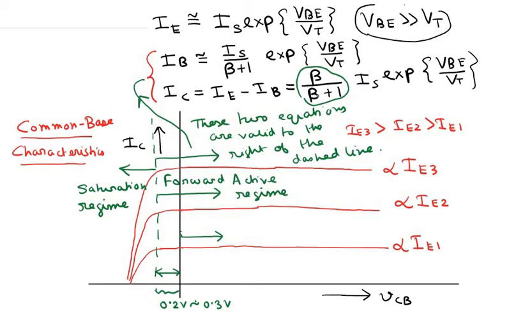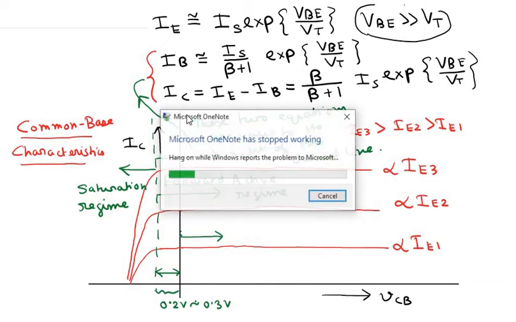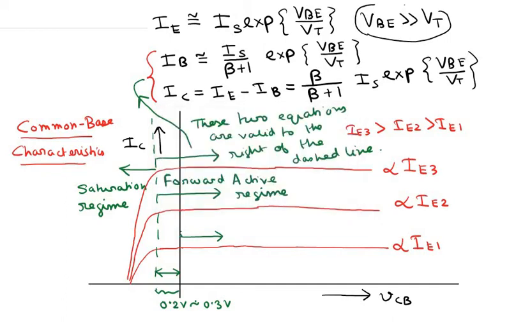So this term here, beta divided by beta plus 1, in the equation that we wrote in the class the previous day, is actually alpha, and we already know that IC is equal to alpha times IE, and IE is basically this quantity, again from our previous day's equation, this equation over here.